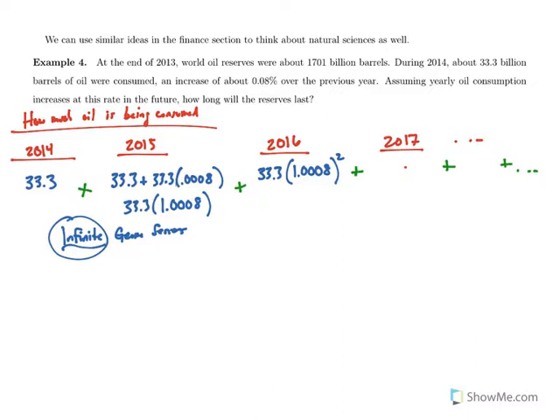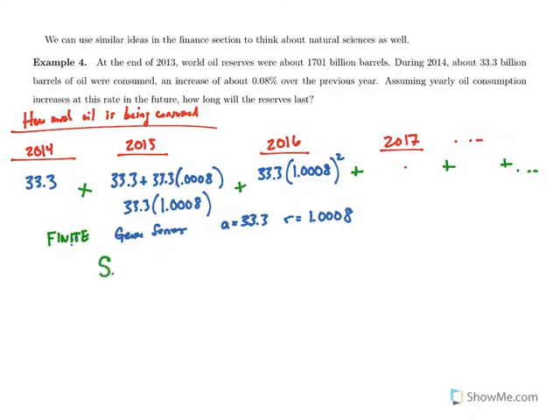But this is a geometric series with a equal to 33.3 and r equal to 1.0008. So the question is, how long are these oil reserves going to last? Because of this, we're not going to think about an infinite geometric series. We're going to be thinking about a finite one. And we need to think about what is the value of n.